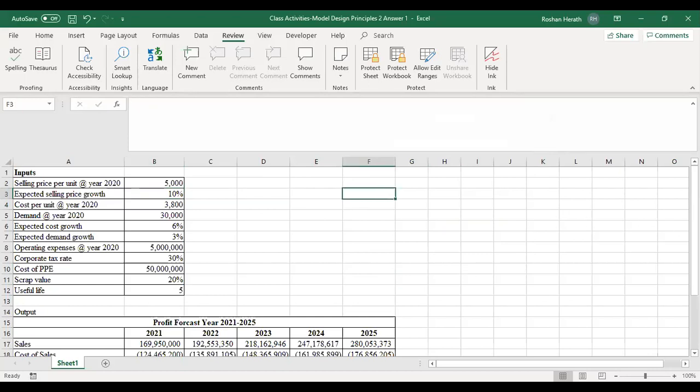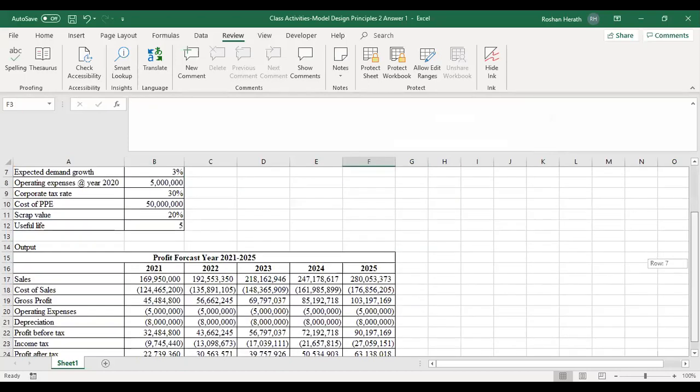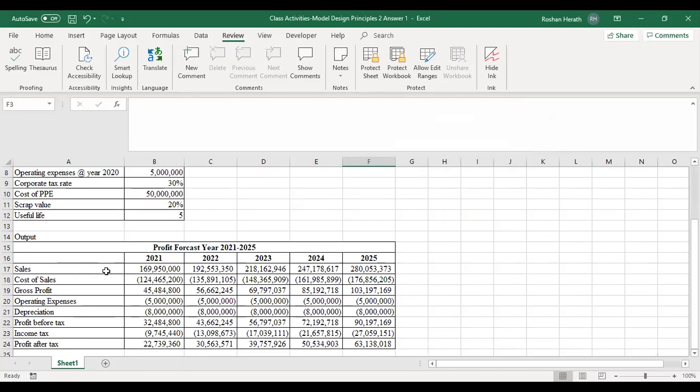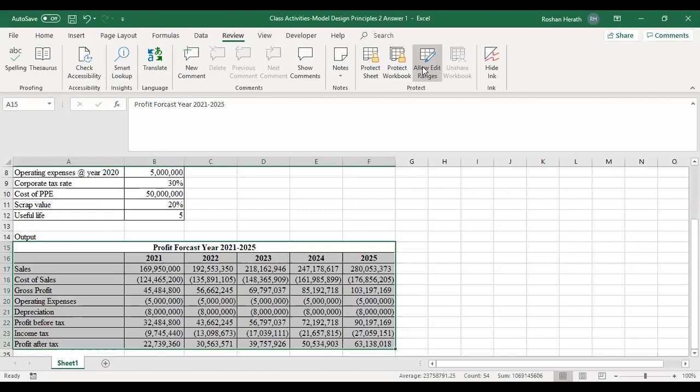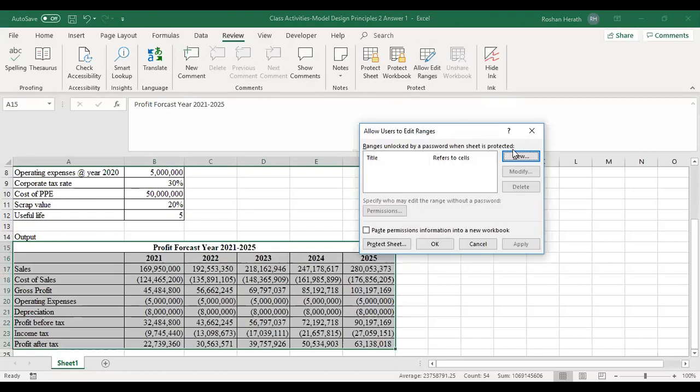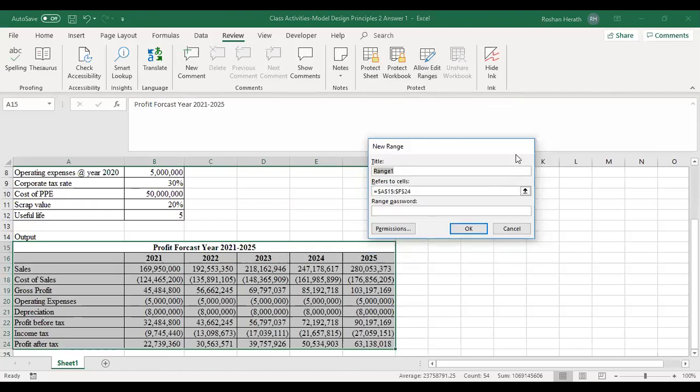Let's say you want to protect a particular area, for example the output area. Then you select that particular area. Then you again take the option allow edit range. In that you can specify the area. Let's say it is output.